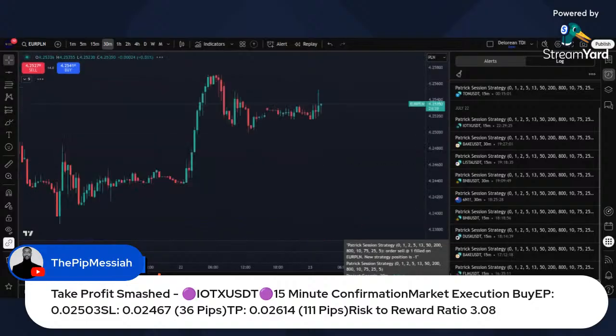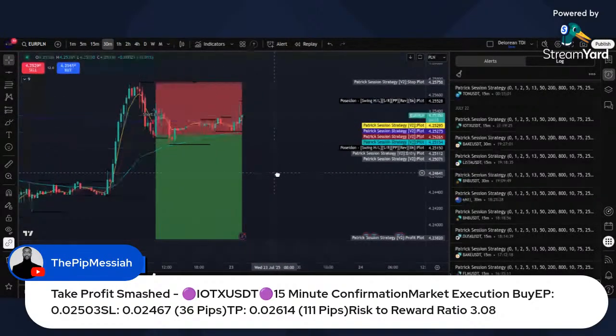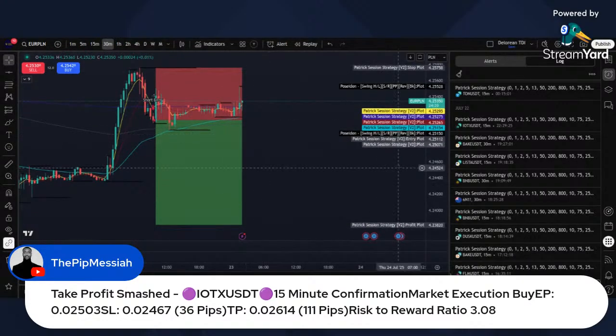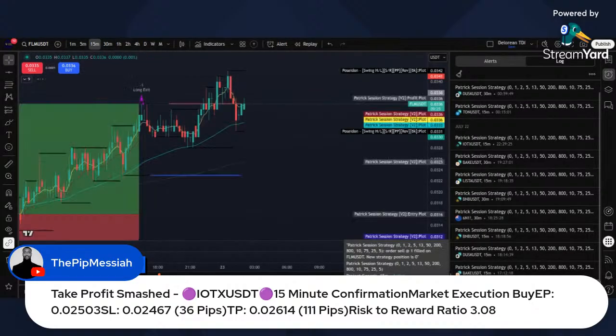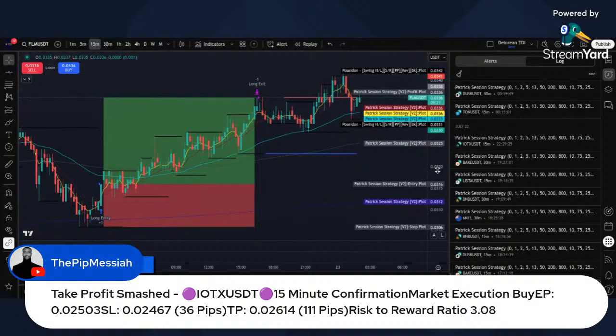So we have the euro versus the Polish zloty. And we have blue, aqua, gray. That's a consolidation. We will not be entering that trade. We have FLM versus Tether. That hit take profit on us.